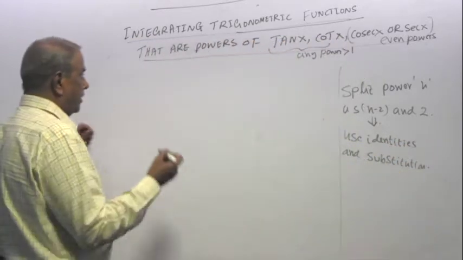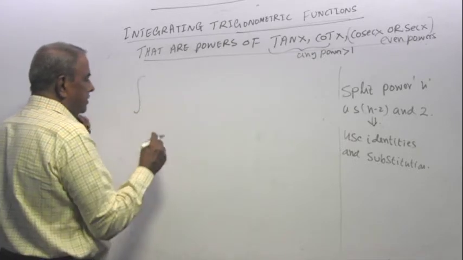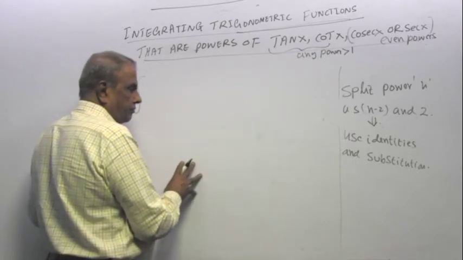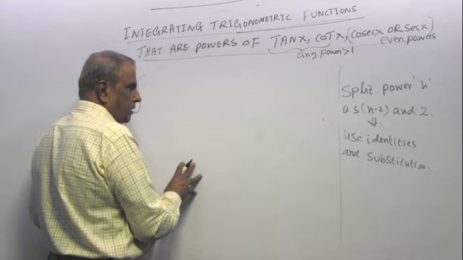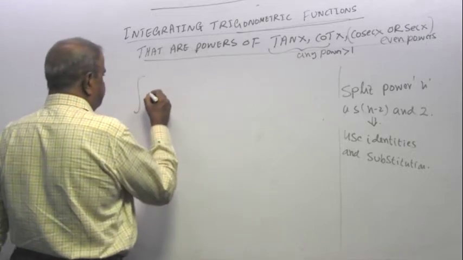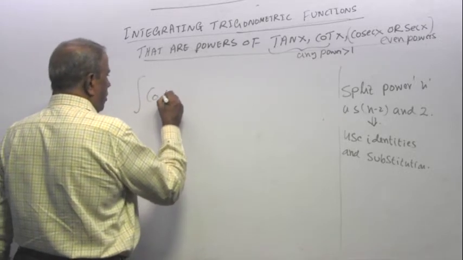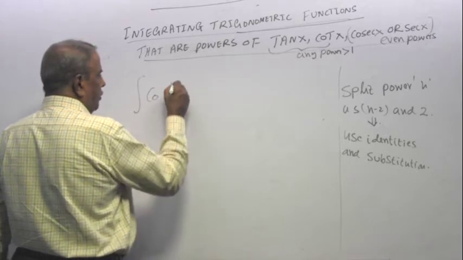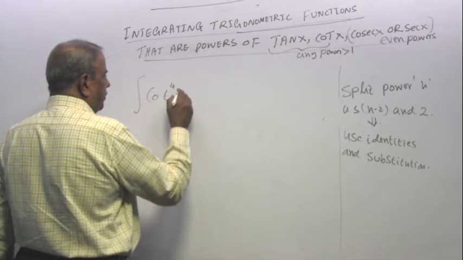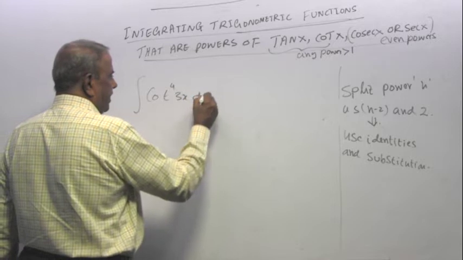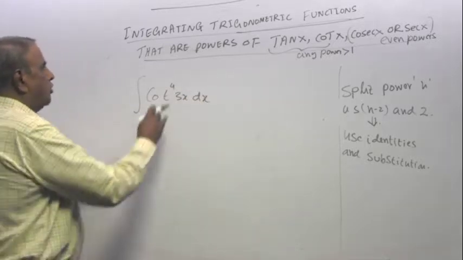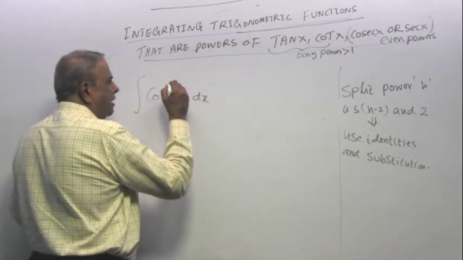Right? Suppose I had integral cot power 5, 3x dx.